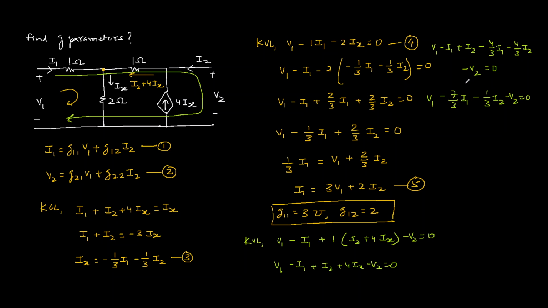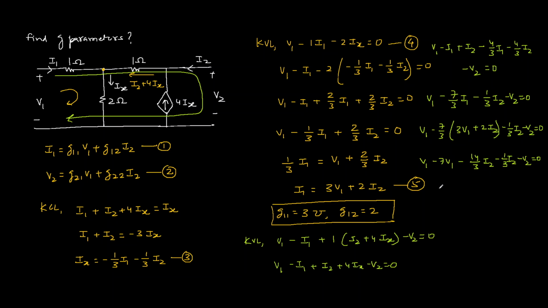Now we will replace this I1 from equation 5. So V1 minus 7 by 3 I1 is replaced by 3 V1 plus 2 I2. Then we have minus 1 by 3 I2 minus V2 equal to 0. So V1 minus 7 V1, and then we have minus 14 by 3 I2 minus 1 by 3 I2 minus V2.